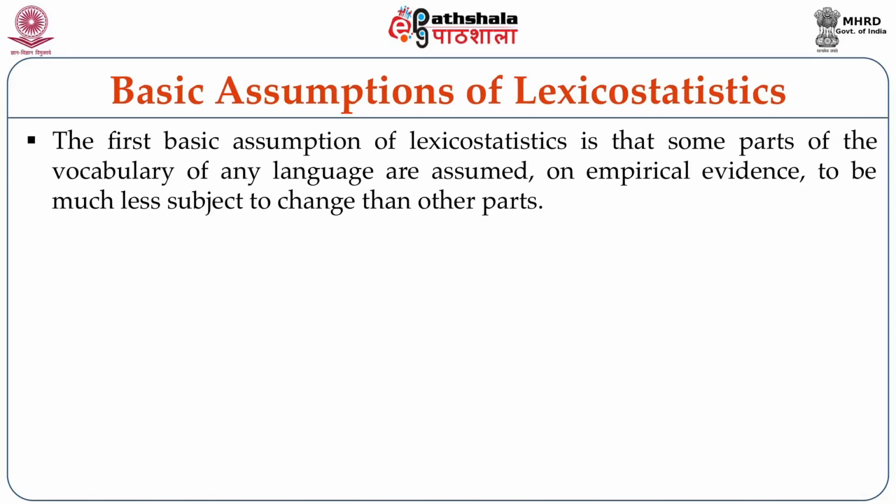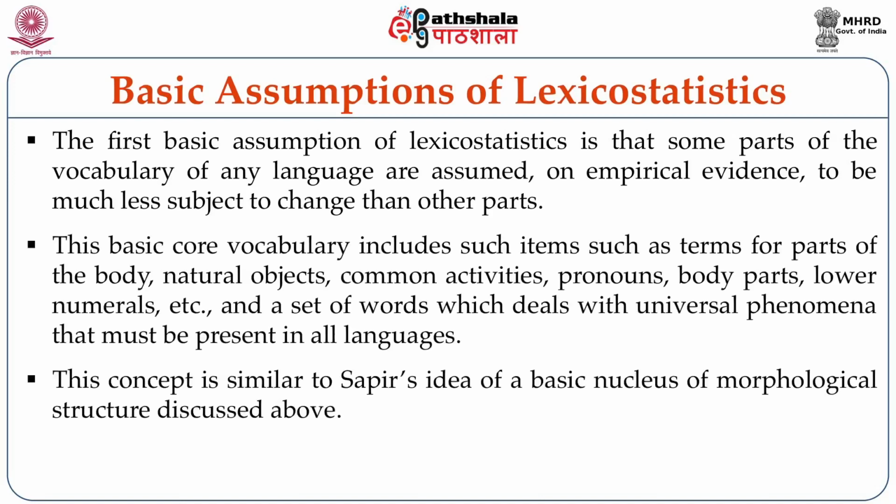In fact, that which tends to change slowly is known as basic vocabulary. So the basic vocabulary normally takes words like terms for body parts, natural objects, common activities, pronouns, lower numerals, etc.